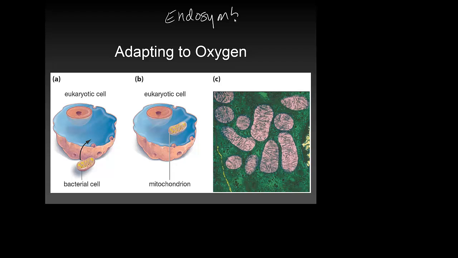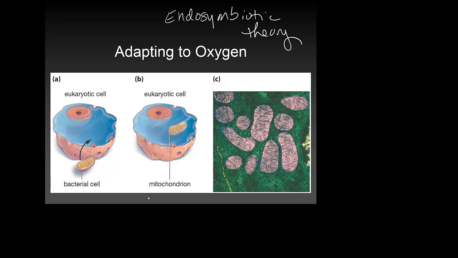So the endosymbiotic theory states that one prokaryotic organism or early eukaryotic cell would have ingested a prokaryote or bacteria, and that in that ingestion it actually didn't consume it or eat it like we would normally think, but instead it survived.